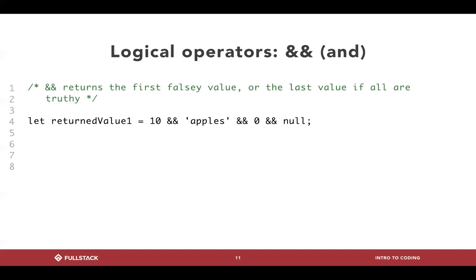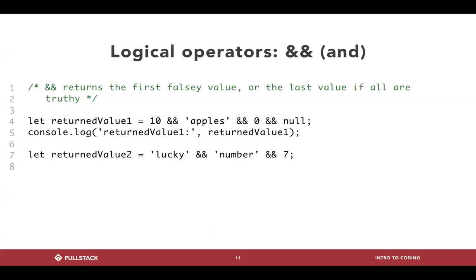It's like either all of these things are true and I'm going to give you the last value, or one of them's false and I'm going to give you that first false value. So if I log out what this is, it's going to be 0.